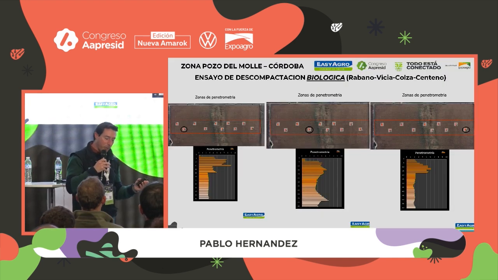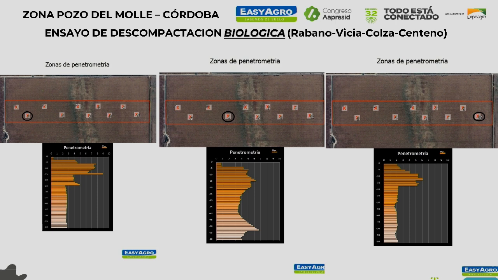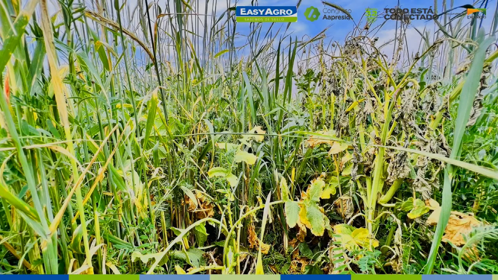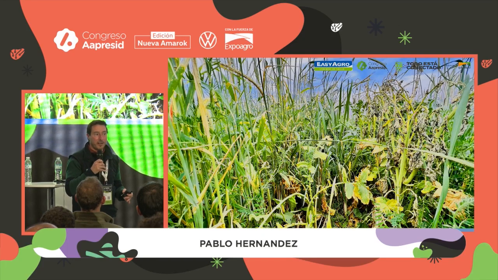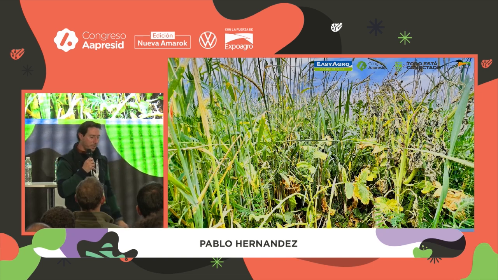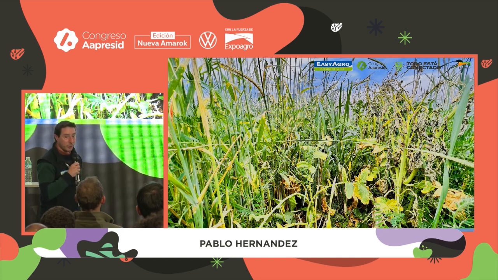What we did, or what had been done before this, was areas of penetrometry with a block of 25 hectares. We had determined that we had a very well-marked problem between the 10 and 25 centimeters, and what we did here was to implement a multi-species crop cover where we had vicia, veg, rye, radish, and rapeseed.